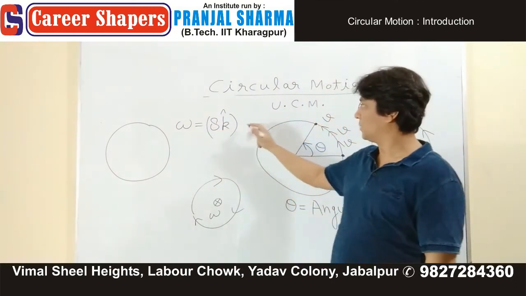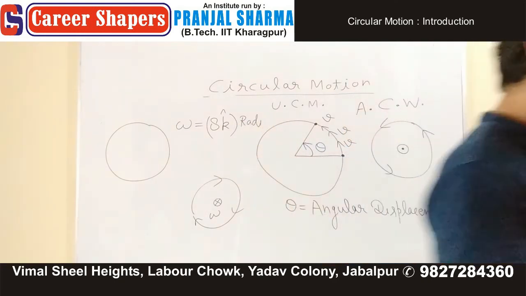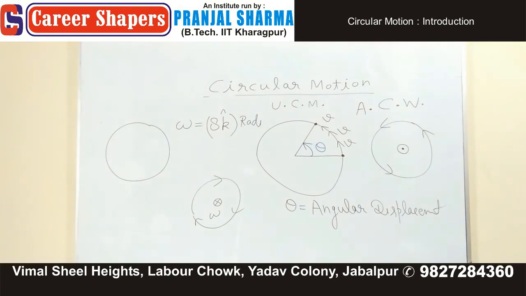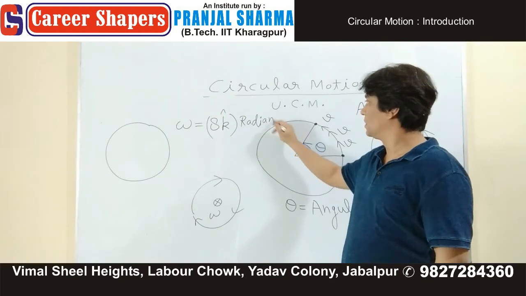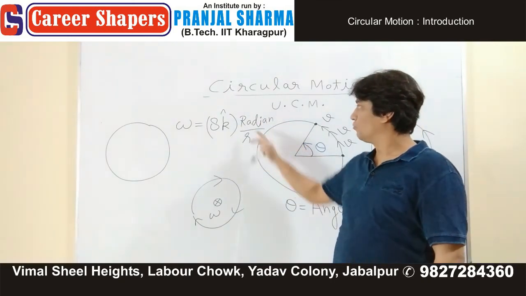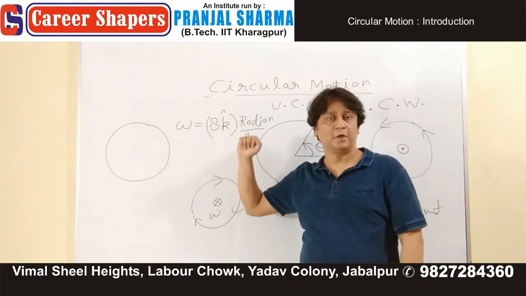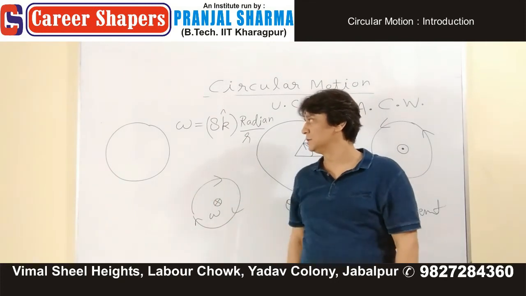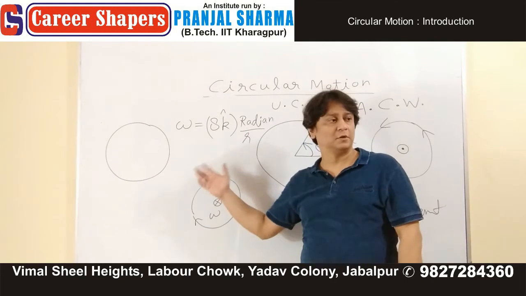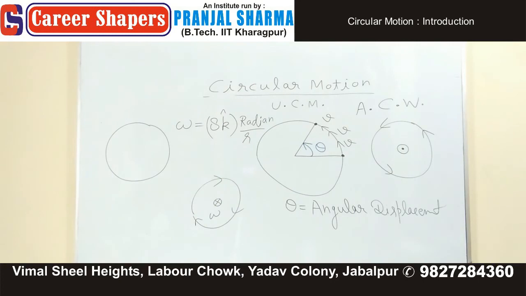You should know this: the unit is radians per second. What is the unit of angular velocity? Radians per second. So if I say that angular velocity is 8 k cap, what type of circular motion is it? Clockwise, anti-clockwise? Write down fast. What type of circular motion are we talking about? Angular velocity is given as 8 k cap.